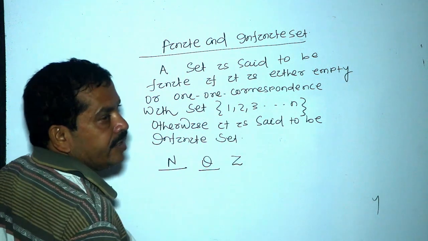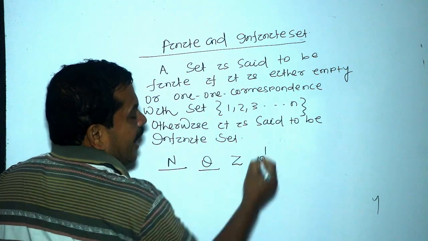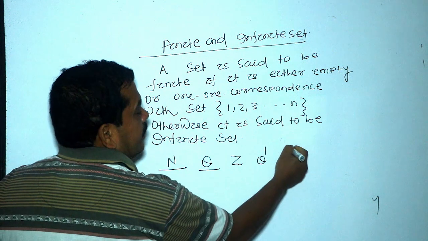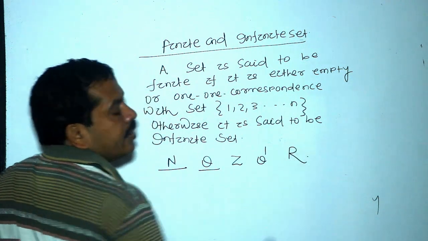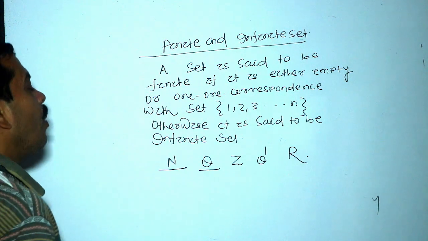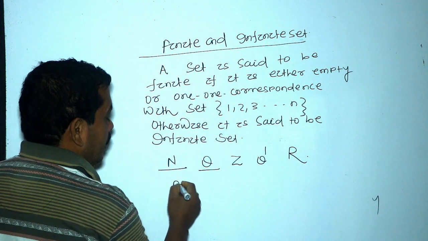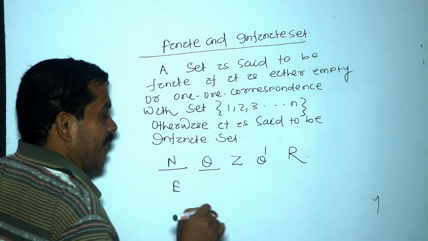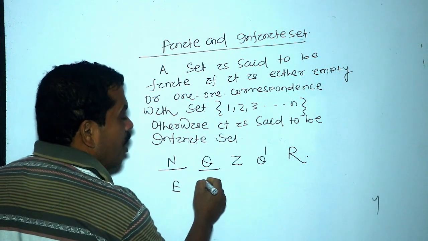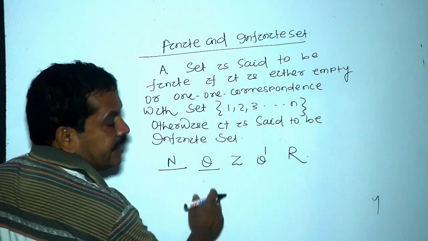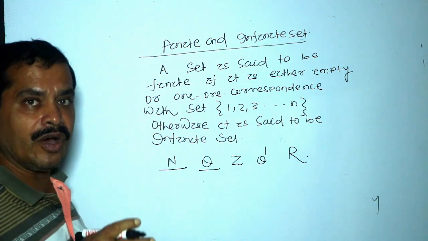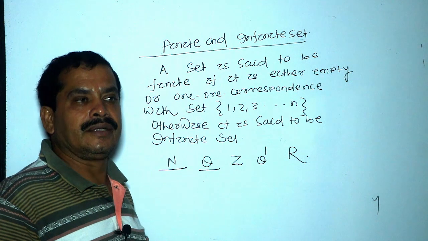Z set, infinite set. Q prime, infinite set. Real numbers, infinite set. All the even numbers form an infinite set. All the odd numbers are also an infinite set. All the prime numbers are also an infinite set.